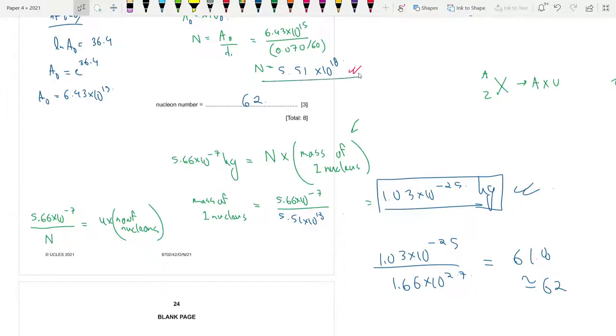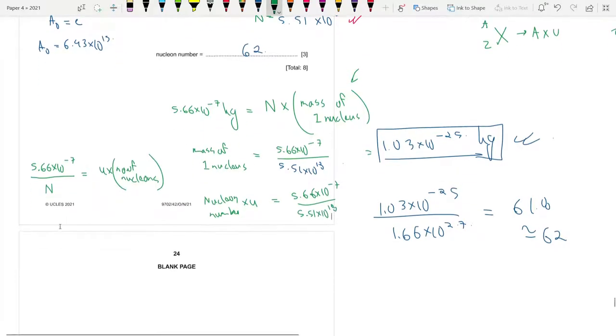So we know the value of n, which is 5.51 into 10 power 18. If you divide 5.66 into 10 to the power minus 7 by n, 5.51 into 10 power 18, you're going to get the mass of one nucleus. And the mass of one nucleus is equal to, I just told you, the nucleon number into u. So you can write it like this: nucleon number into u is equal to 5.66 into 10 to the power minus 7 divided by 5.51 into 10 to the power 18. Alright?